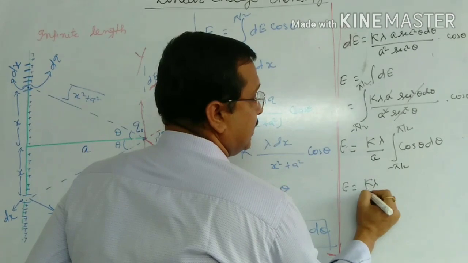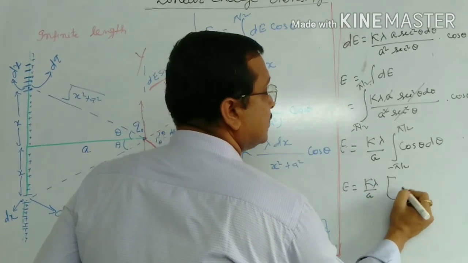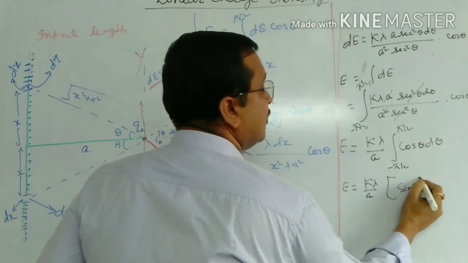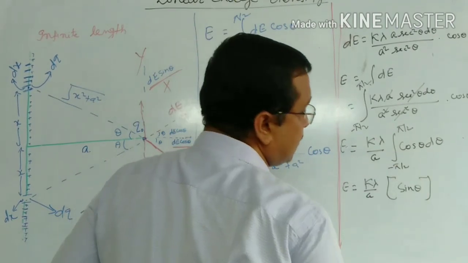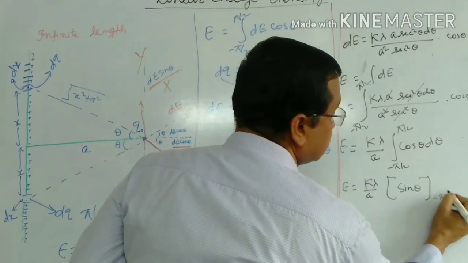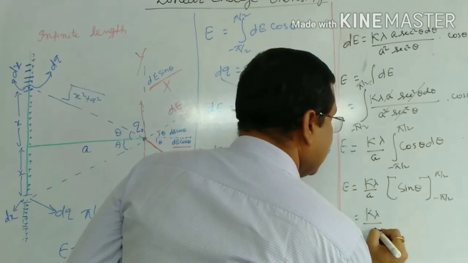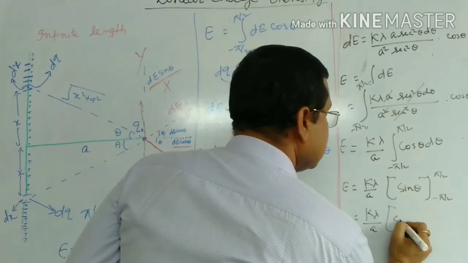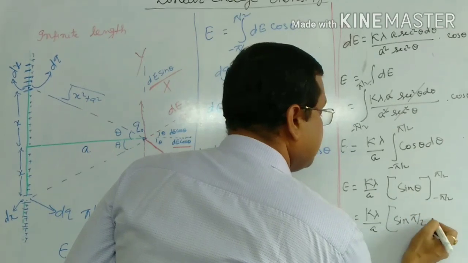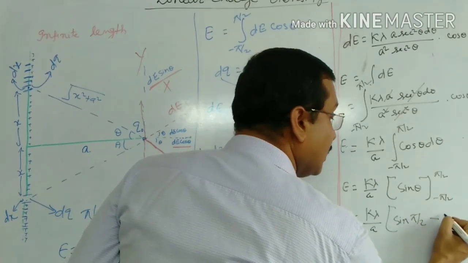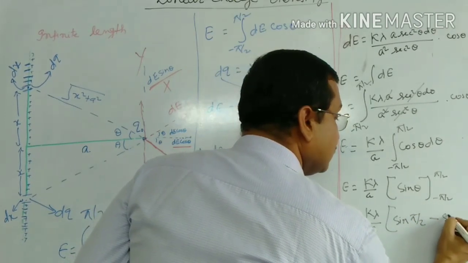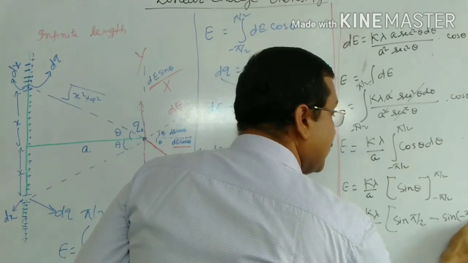K lambda by a. What is the integration of cos theta? Integration of cos theta is always sin theta, from minus pi by 2 to pi by 2. What is this value? K lambda by a, sin pi by 2 for the upper limit minus the lower limit, sin minus pi by 2.